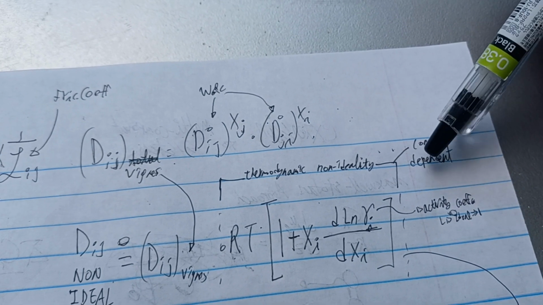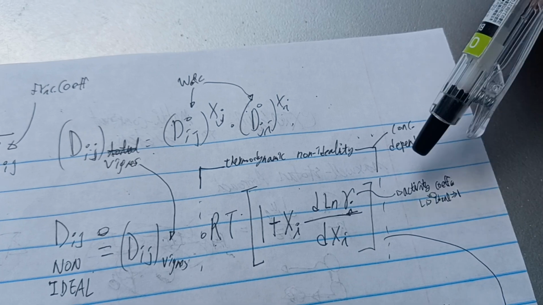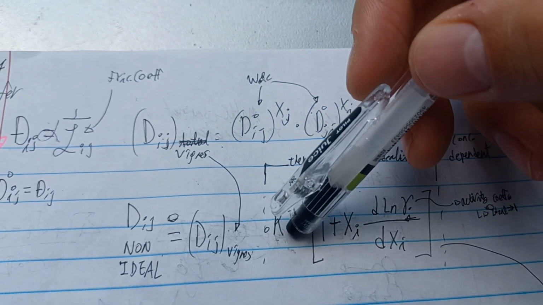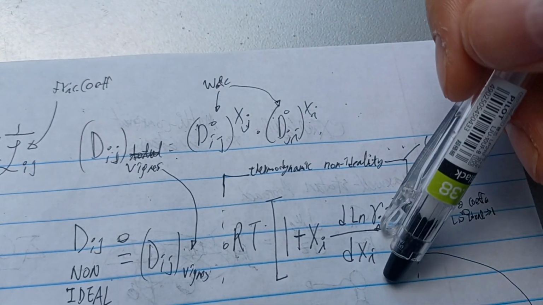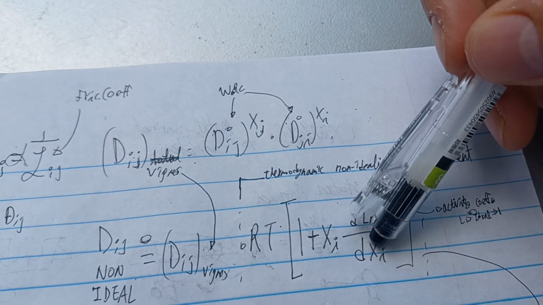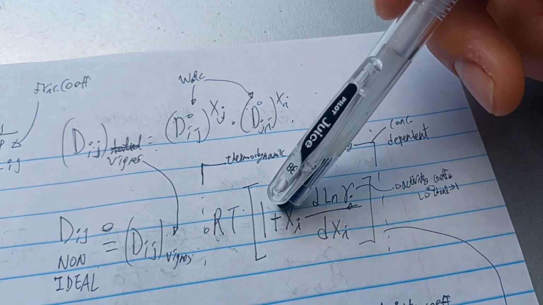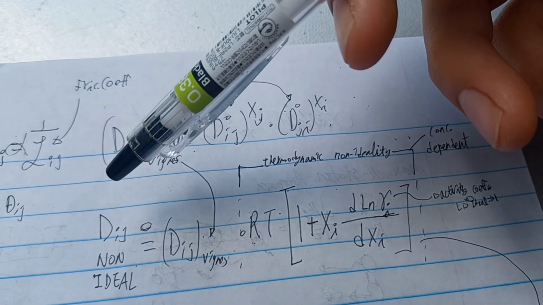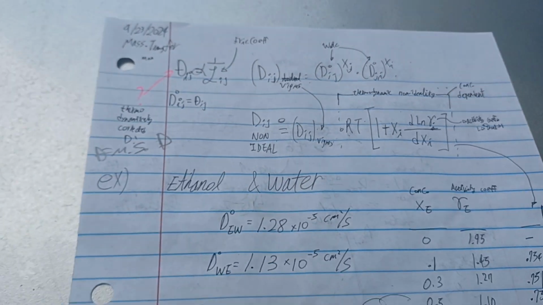It represents how ideal the solution is, and when it is ideal, it goes to 1, and ln 1 is 0, so this becomes 0 and the whole thing becomes 1 anyway, and then dxi, which is the concentration. So we can definitely tell the diffusivity is concentration dependent.